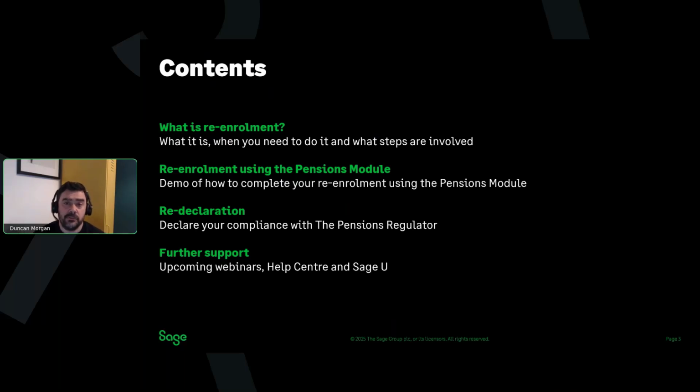Once we've been through that demo, we'll talk about re-declaration, explaining what's involved in declaring your compliance with the pensions regulator, sharing some handy resources, and then we'll take a look through some further support, including some of our upcoming webinars, how to access the Help Centre and Sage University.